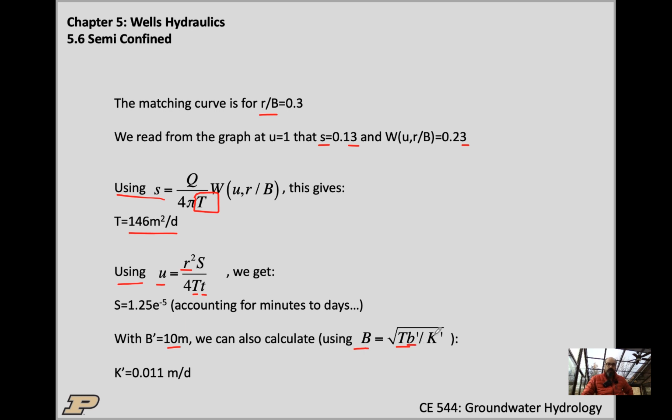If we know the thickness, now the only unknown is K prime. So we know R over B equals 0.3, we know R, so we can calculate B here and then finally calculate K prime. And that gives us K prime is 0.011 meters per day.